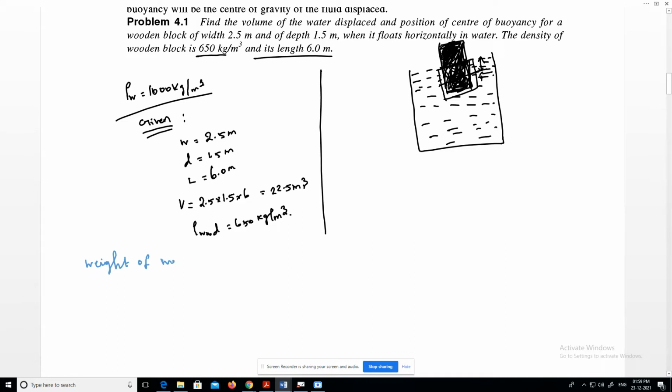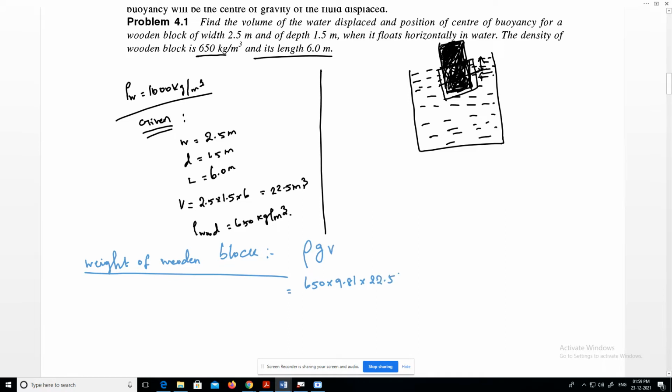Weight of wooden block. Weight of wooden block is equal to rho g V. So density is given 650, into gravity 9.81, into volume.